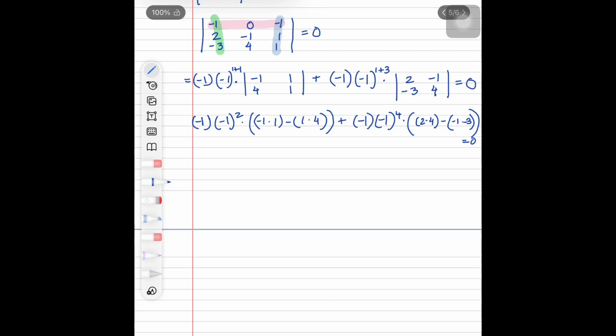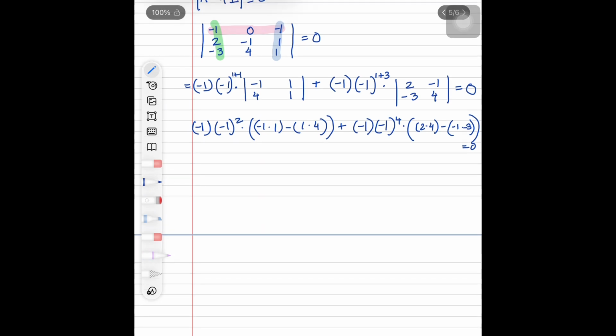So -1 squared is basically just 1, and -1 to the 4th is also just 1.